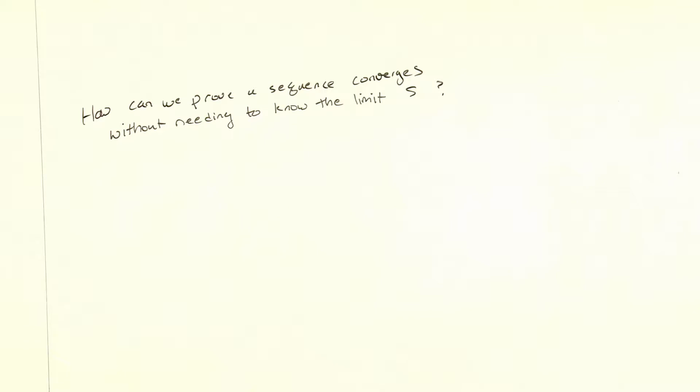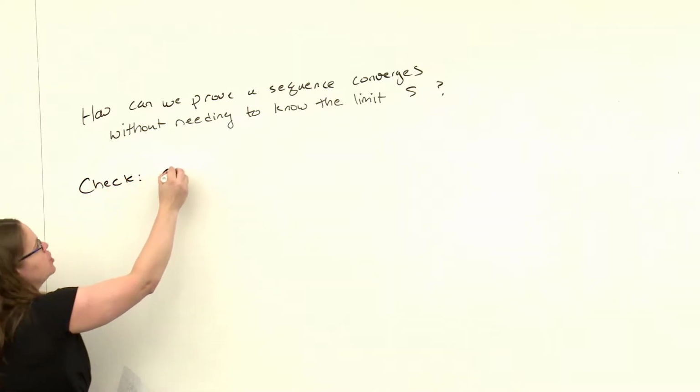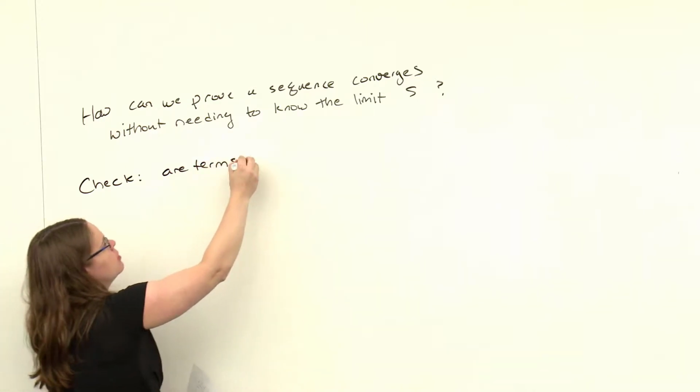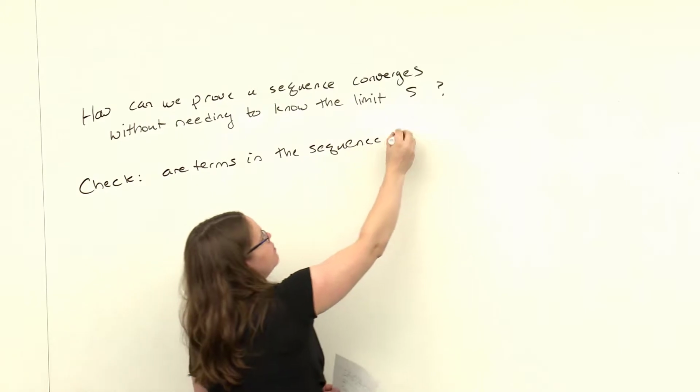So the first thing you might think to try is, well, we have terms in the sequence. Are they getting closer together, right? If they're getting farther apart from each other, then they're probably not converging. So this might be the first thing you want to check. So are the terms in the sequence getting closer together?